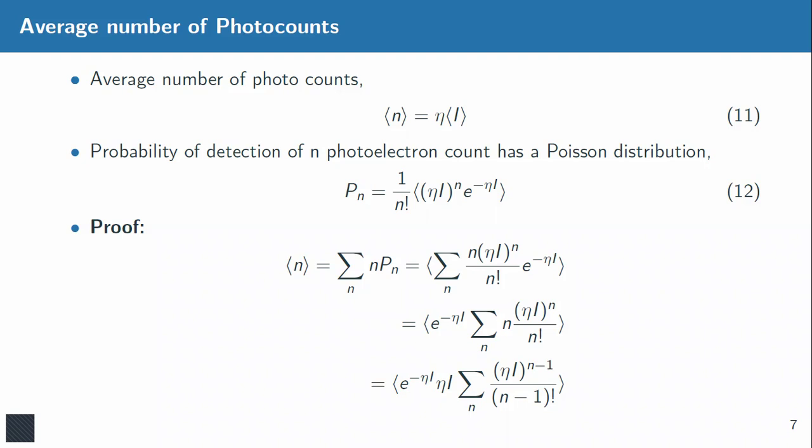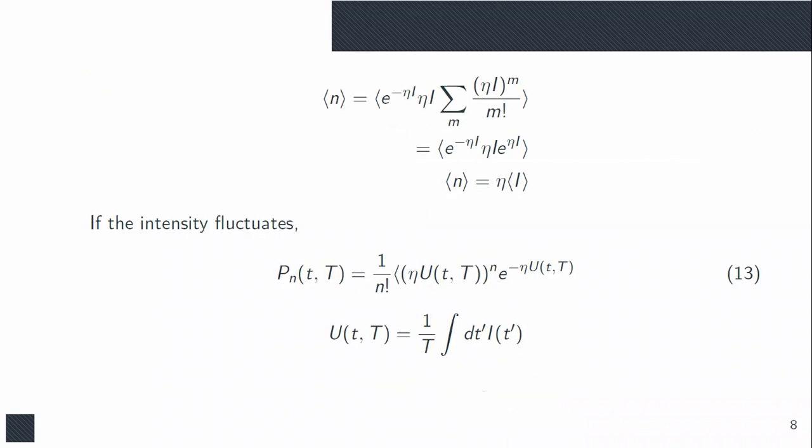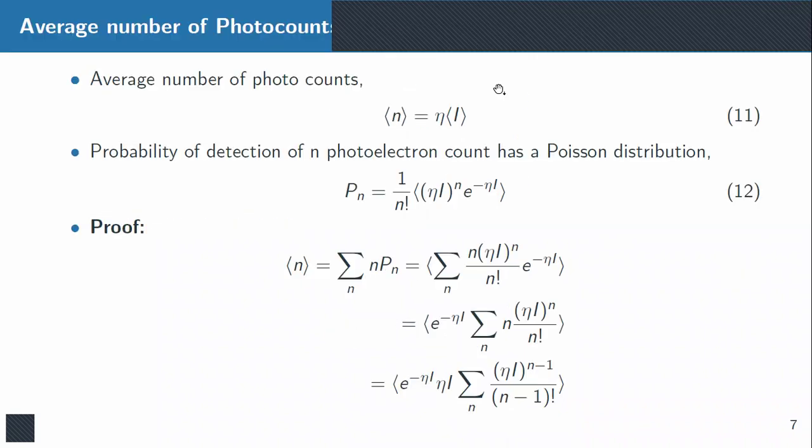So simplifying the process by taking the eta I part out of the sum, and simplifying the factorial in the denominator by canceling out some terms with n at the upper part of the fraction. So we came up with this kind of equation at the last line.